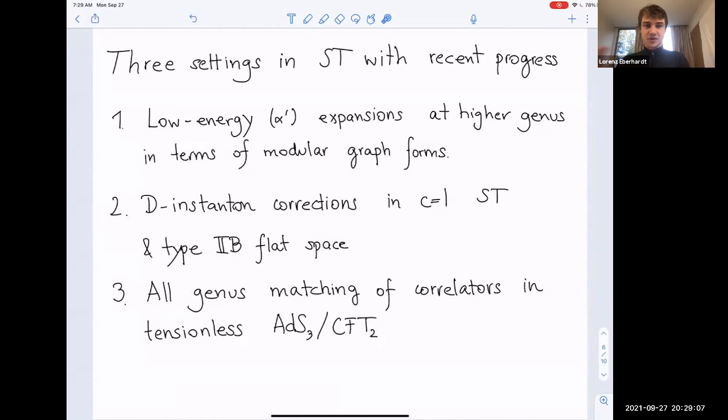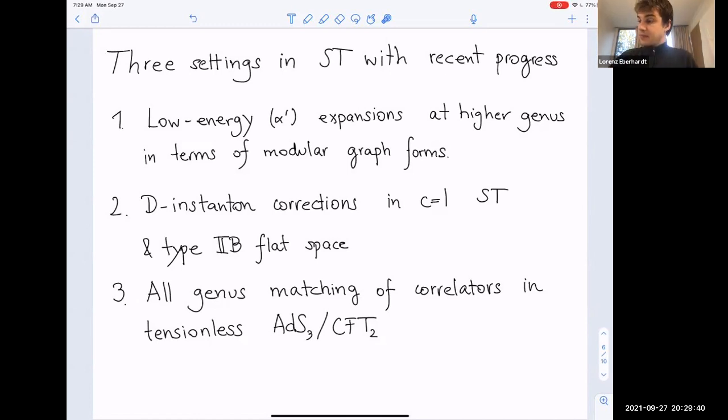Sorry for forgetting some names, but they systematically analyze the low energy expansions of these amplitudes. For instance, at genus 1, they have by now a very good understanding of how to reproduce some numbers that also appear in Fernando's talk, how to actually expand these integrands and the integrals in a low energy expansion. There is great progress happening there, but it's very complicated, and so it's rather slow.